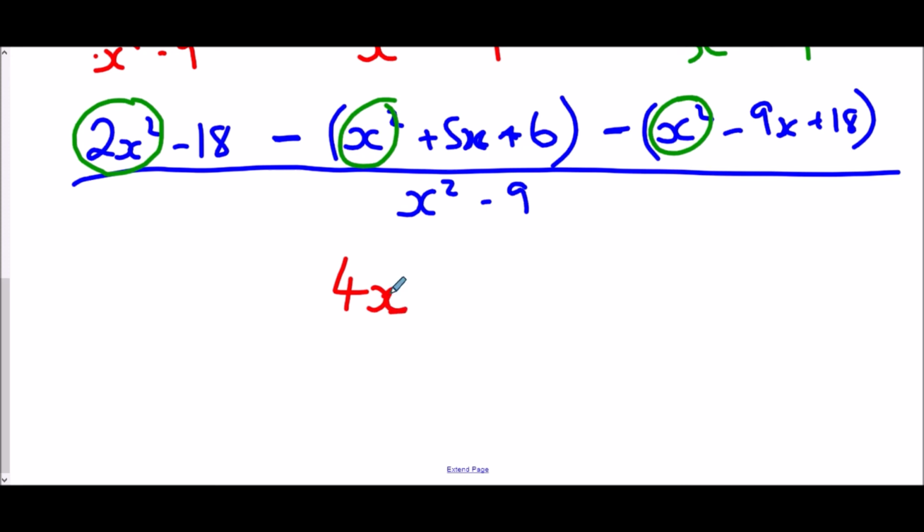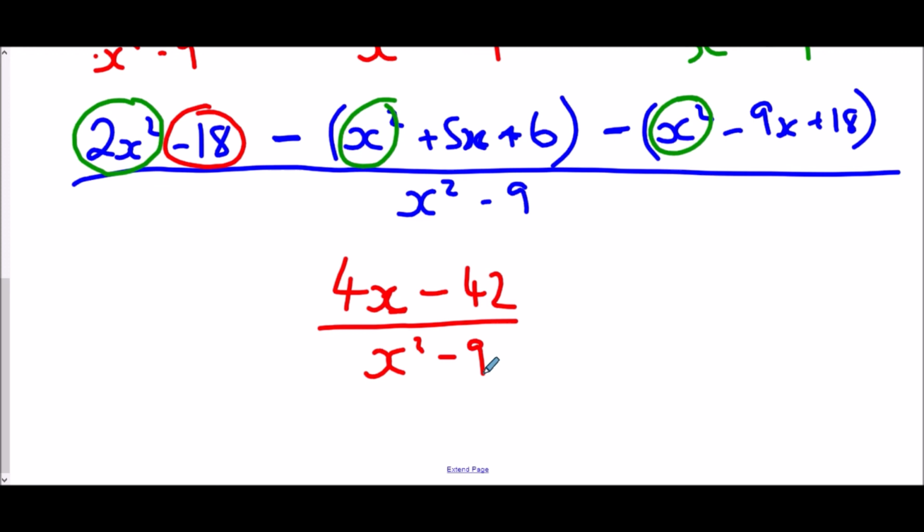If I look at the numbers, I have negative 18, take away 6, so that's negative 24, take away 18, so that's negative 42. And that is all over x squared take away 9.